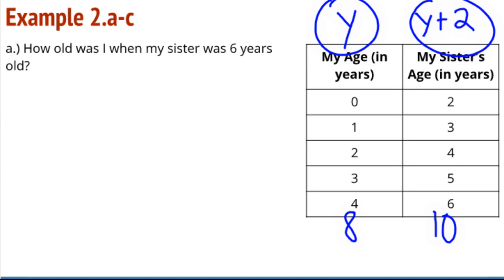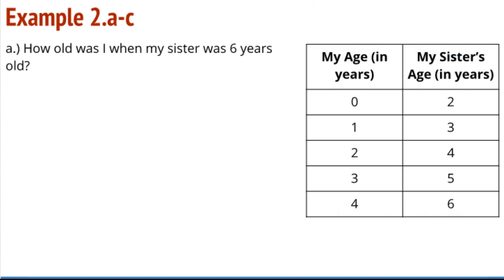Now we're going to look at it in a slightly different way. How old was I when my sister was 6 years old? So now they're giving me information about the sister and asking me to figure out what's happening with the narrator. So instead of running from left to right across the table, we are now turned around and going from right to left.